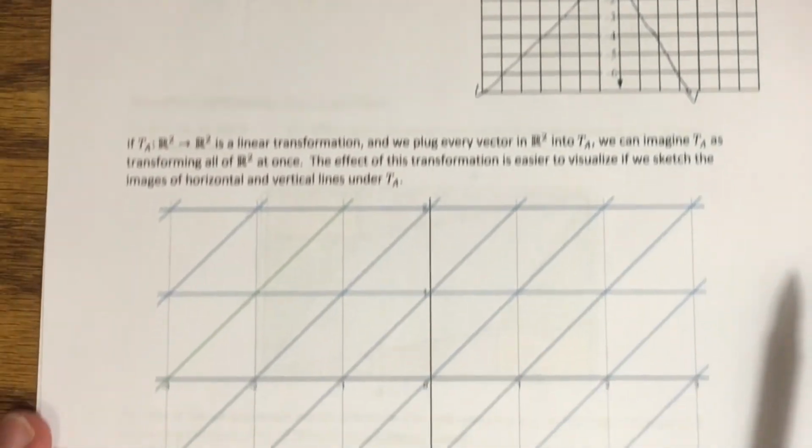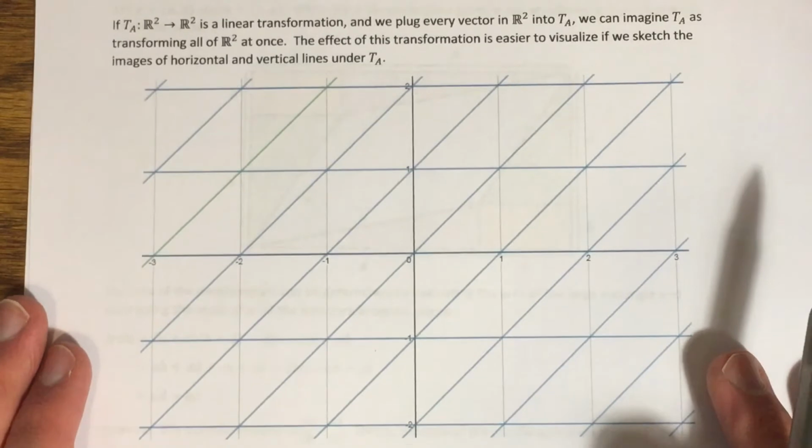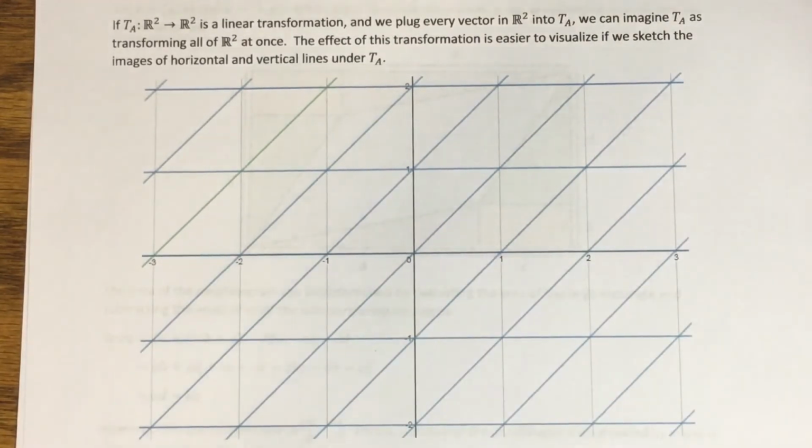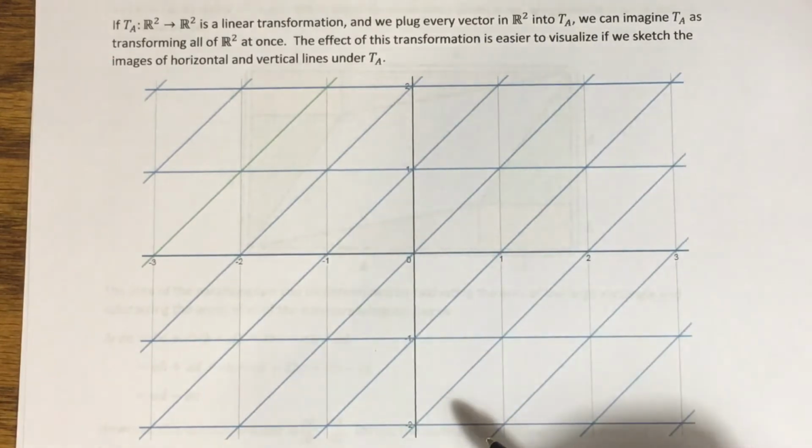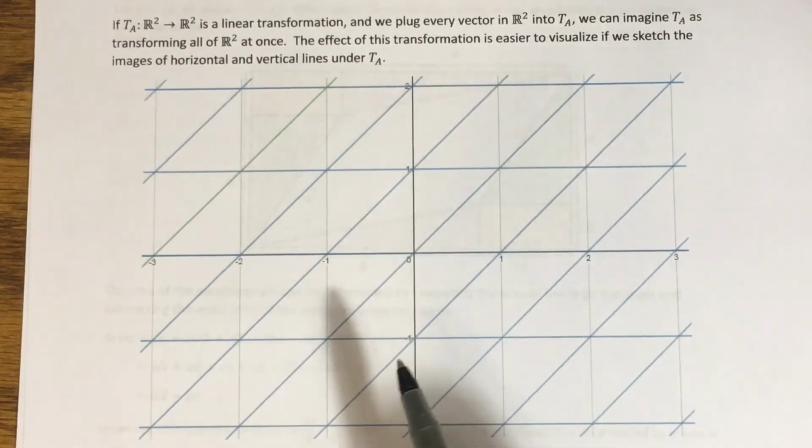Okay? So an important consequence of the definition of linear transformation and the properties we just talked about, and we're not going to prove this, is that not only do lines get mapped to other lines, but if you map several parallel lines in R2 to their corresponding lines under some linear transformation T of A, then those images will also be parallel.